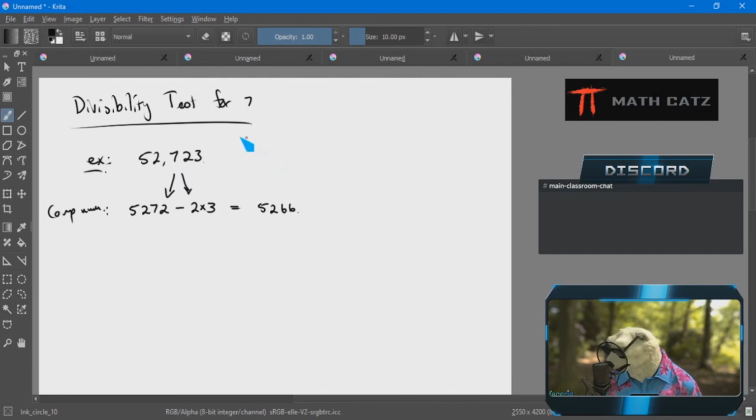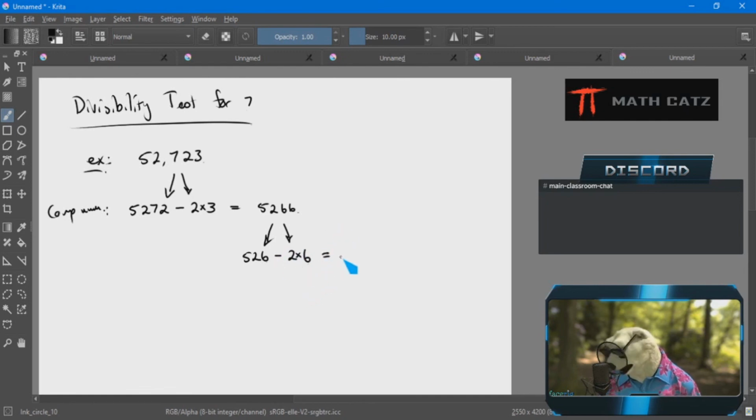So the whole point of a test, right, is to avoid the long division. So I can then say, okay, now I need to decide if this number is divisible by 7. So I'm going to do it again. Take the last digit, take the number as if that last digit was never there, subtract 2 times the last digit. What do I get?